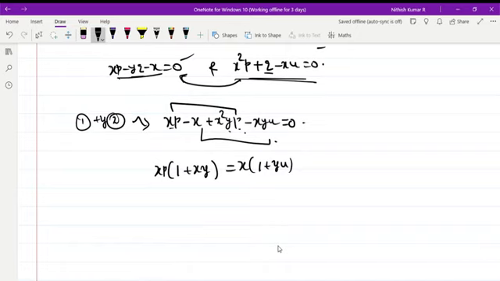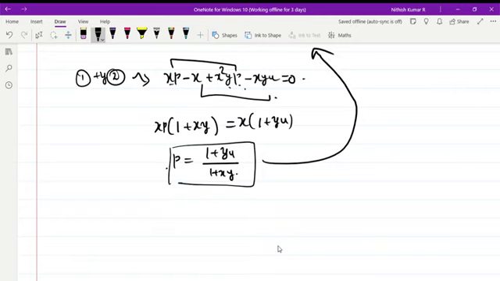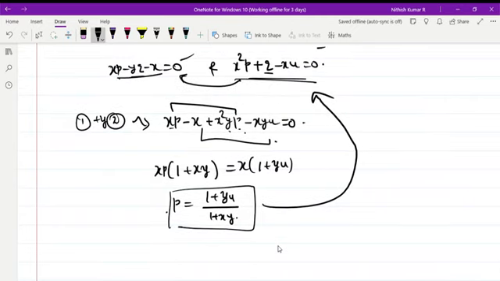Here I have yq, here I have just q, so just multiply equation 2 by y and add it to equation 1. We are adding 1 plus y times 2. It gives xp minus x plus x square yp minus xyu equal to 0.